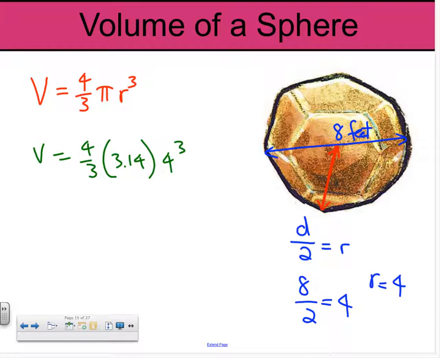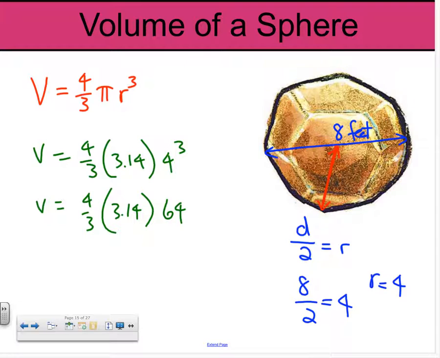So I would go ahead and take one more step, and I would say 4/3 times 3.14 times 4 cubed, which is 4 times 4 times 4, which is 64. Once you get to that stage, then you know from there on out it's simple multiplication.